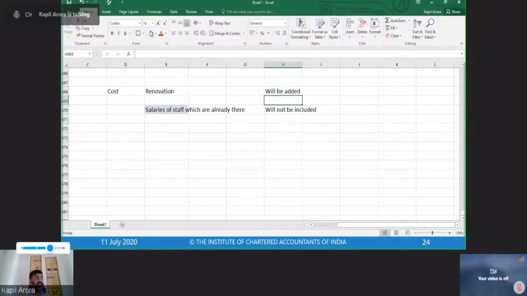Whereas the staff salary, if staff is involved in the renovation, then it would be added. If the staff is not involved in the renovation but is going to be involved just to prepare the store ready for its opening, that is not going to be considered as capital expenditure. That will be charged off to P&L.